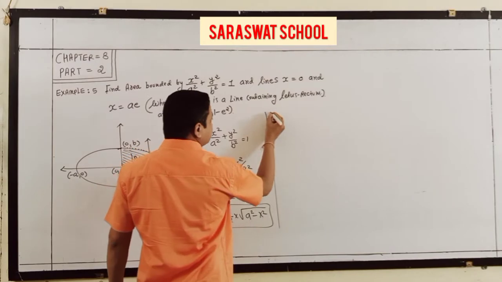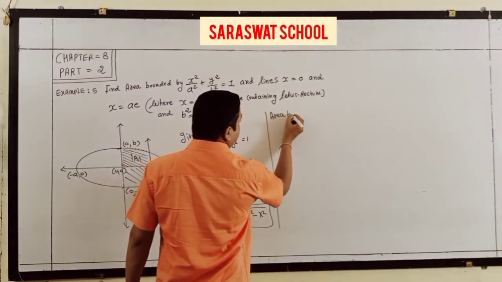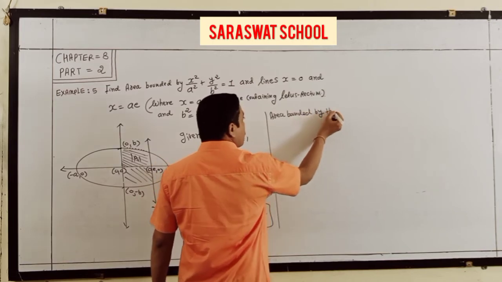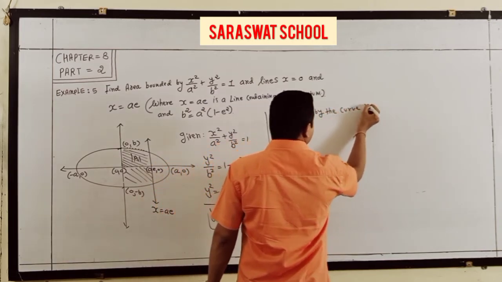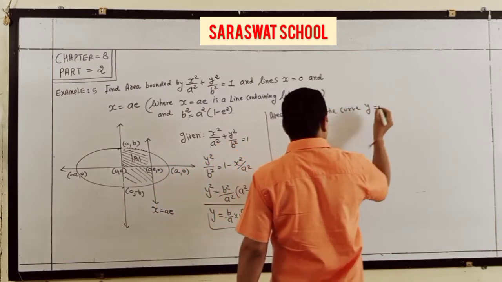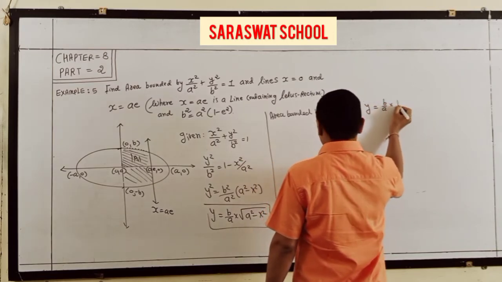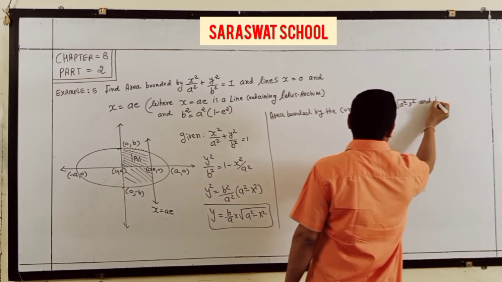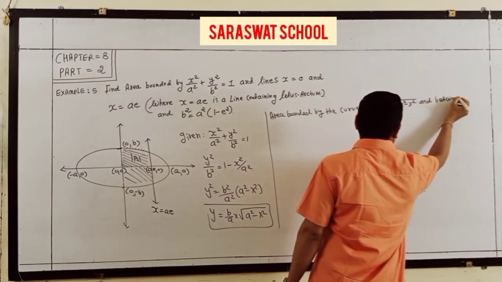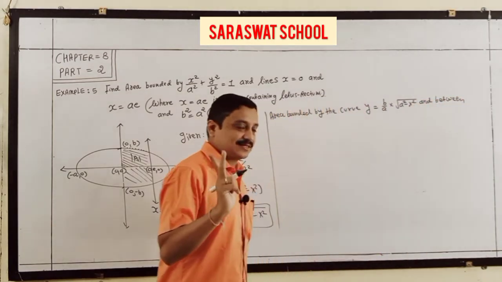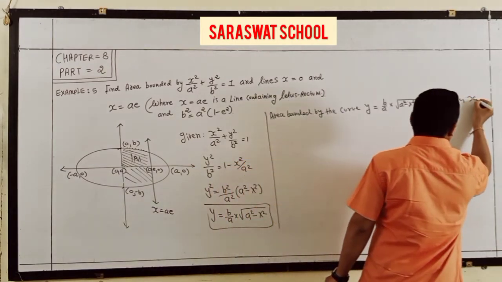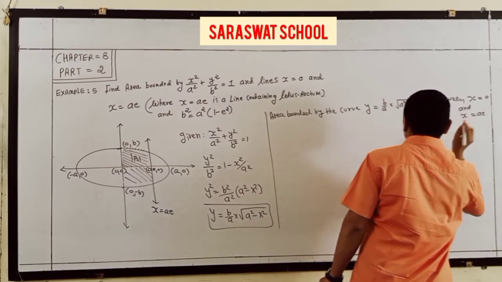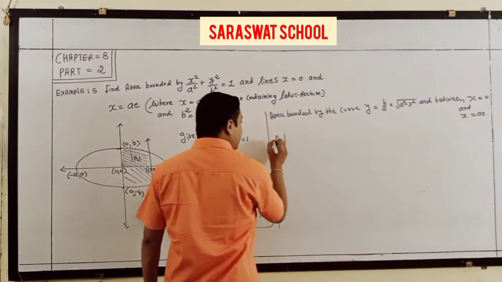So the area bounded by the curve y is equal to b by a under root a square minus x square, between the two limits x equal to 0 and x equal to ae, and I am taking only area A1.